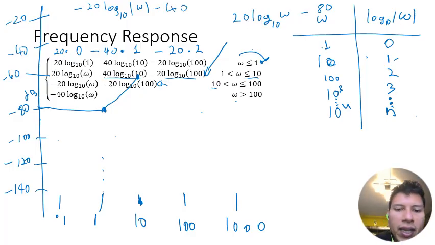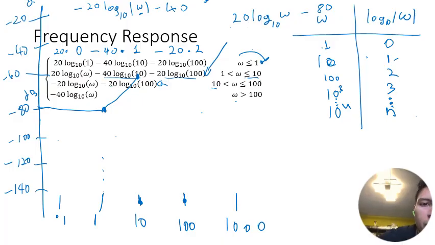Okay, so let's say omega is 100. So we're going to plug in 100 here, which is going to give us 2. Right? So we're going to get 0. So we're going to be up here. No, wait a second. Negative 20 times 2, which is going to give us, yeah, 0.